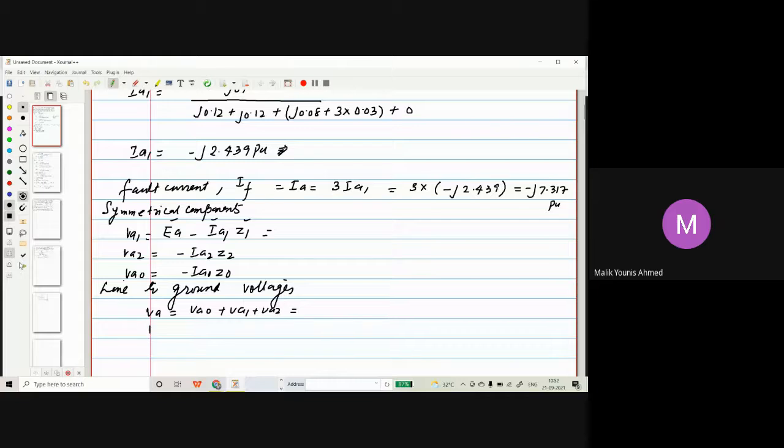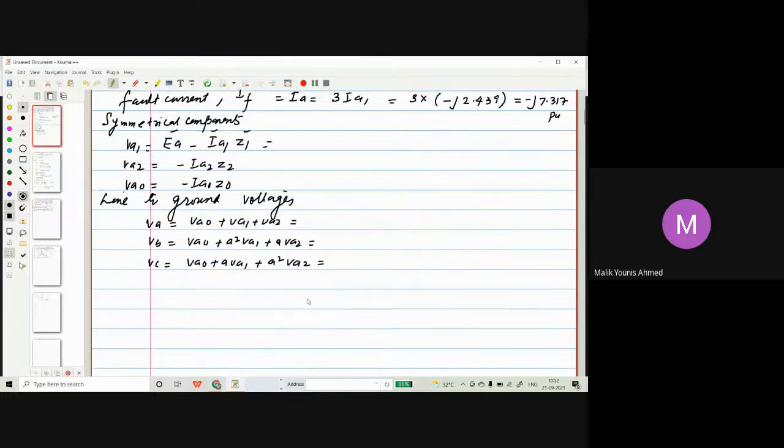VB is equal to VA0 plus a square VA1 plus a VA2. Similarly, VC will be VA0 plus a VA1 plus a square VA2, sorry. So you can find the line to ground voltages.